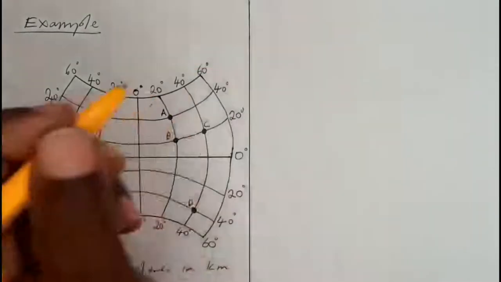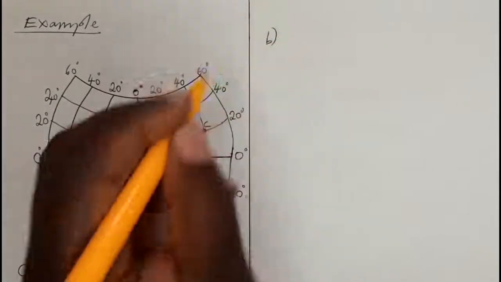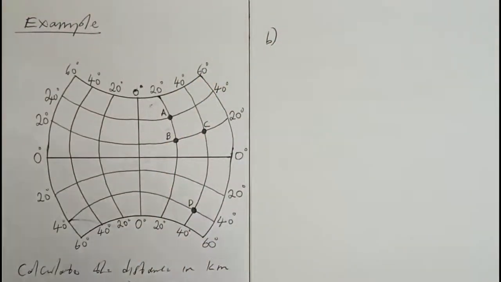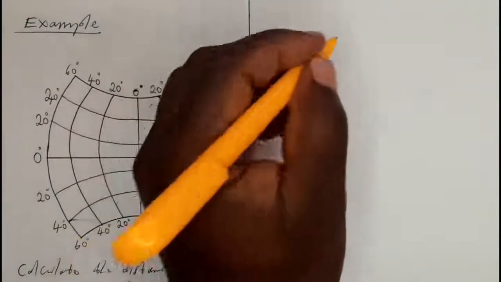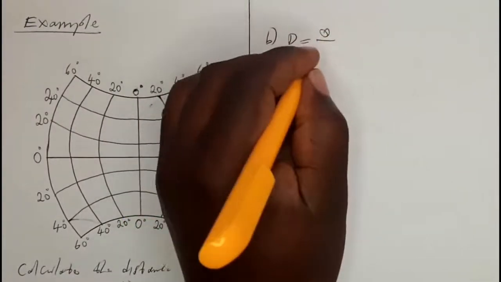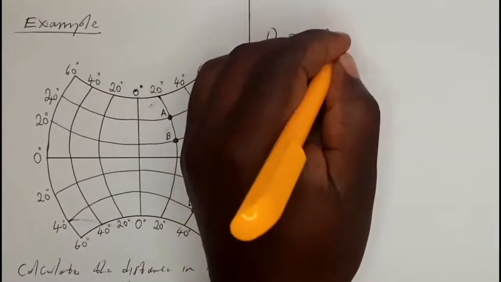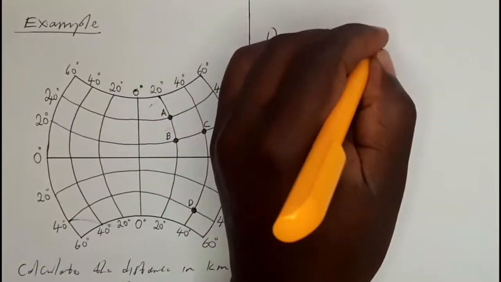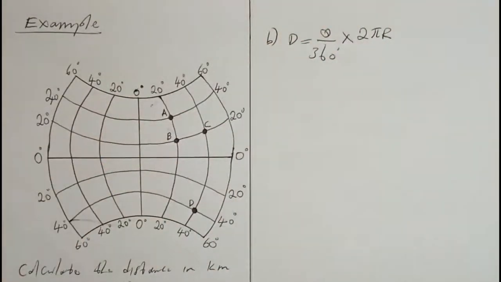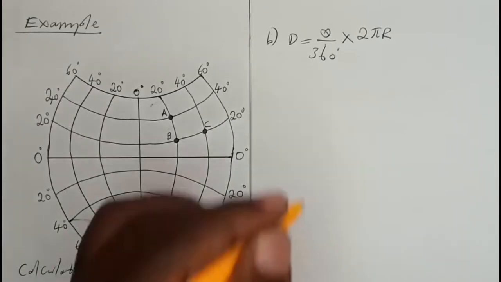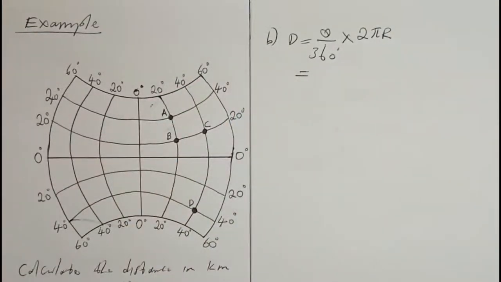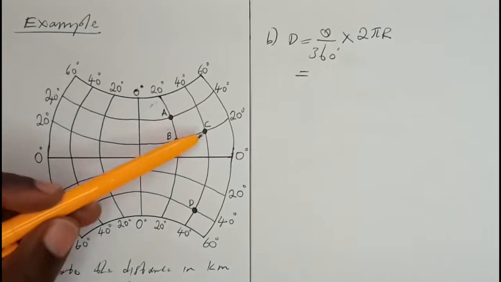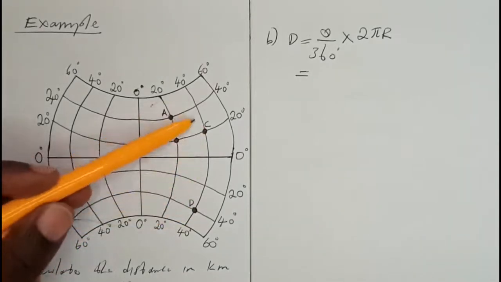To find the distance CD, distance is given by theta over 360 degrees times 2 pi r, where theta is their difference in latitude. So in this case, what is their difference in latitude?